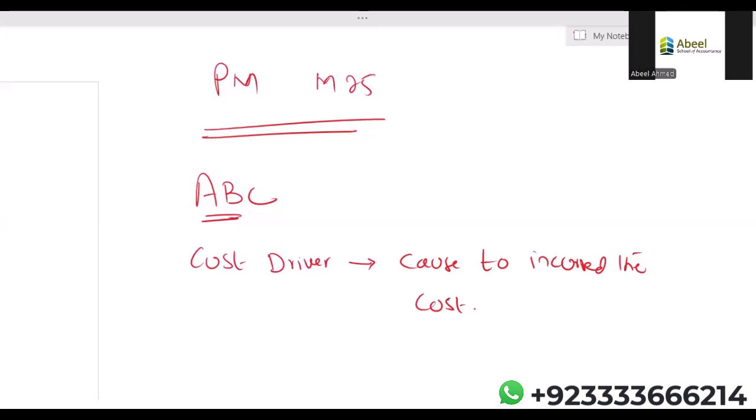Another possibility, let's say there is an existing product which you believe is highly profitable, but it is possible it is highly profitable because of unfair allocation of overheads. Under ABC, the decision making might change. The profitable product under absorption costing might become loss making under ABC, and vice versa. The loss making product under absorption costing might be profitable under ABC.